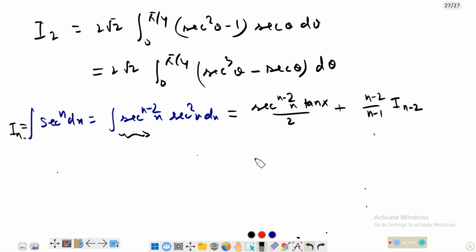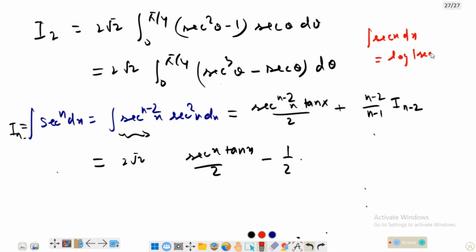So this integral is 2 root 2, sec x into tan x upon 2 minus n minus 2, 1 upon 2, the integration of sec x. The integration of sec x is I n minus 2, which implies that the integration of sec x is equal to log of sec x plus tan x.